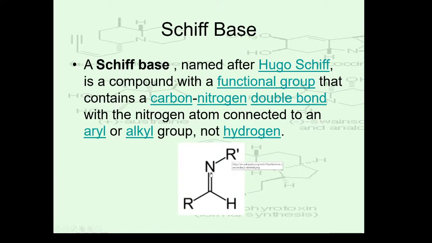It's a carbon double bonded to a nitrogen bonded to a carbon. That's really the Schiff base part. These could be two hydrogens, two carbon chains, or a carbon chain and a hydrogen like they show here. But this 100% has to be a carbon.